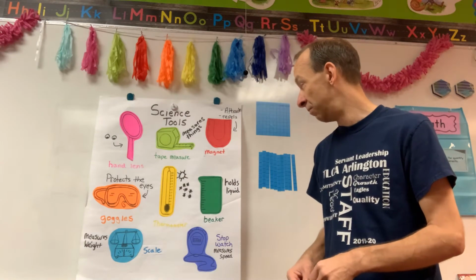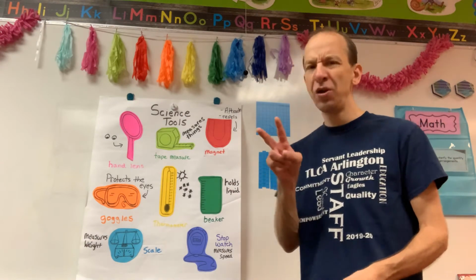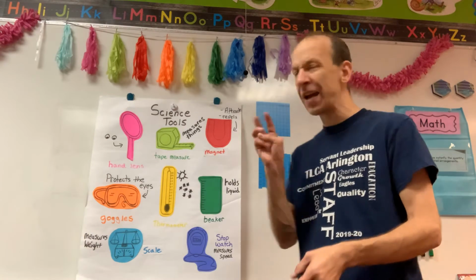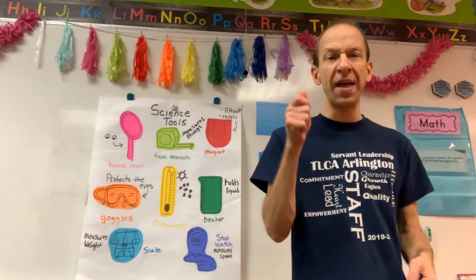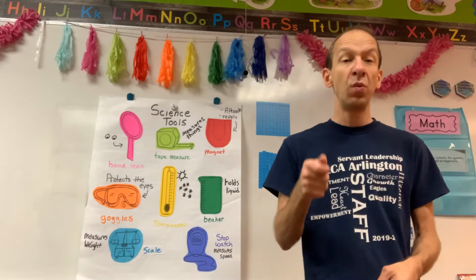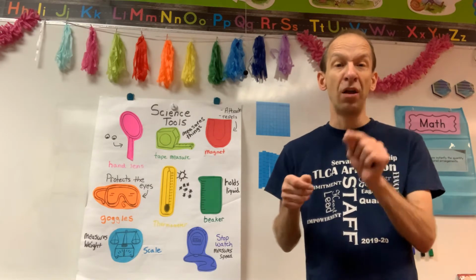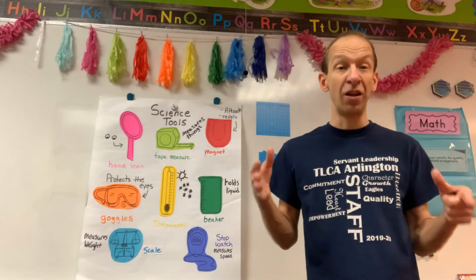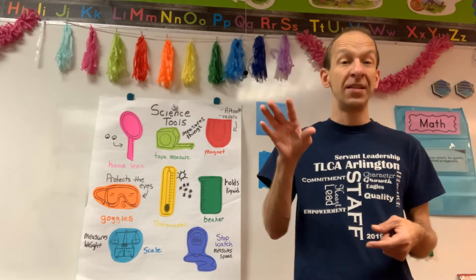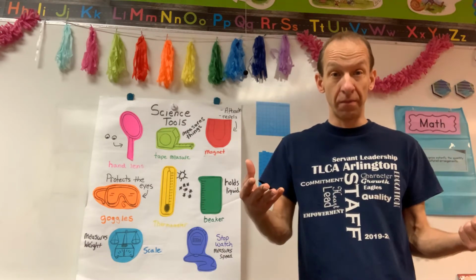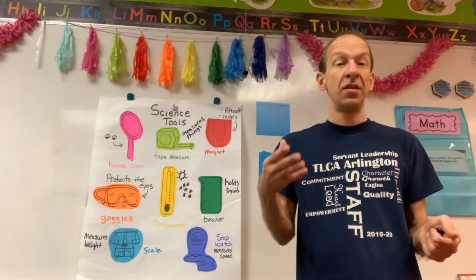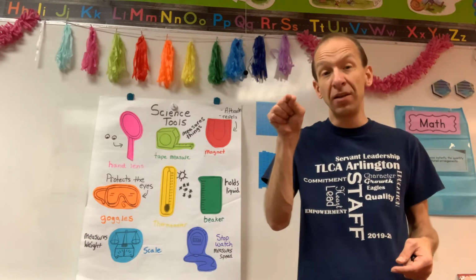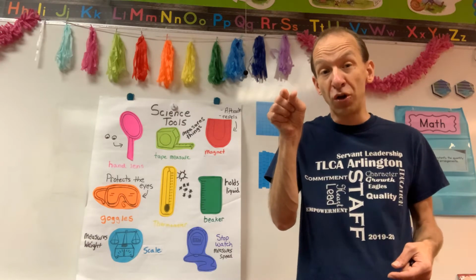All right, so the other three things that we need to talk about start with the hand lens. Remember, that helps us when we are looking at something small and we need to see it larger, see the details, see it bigger and sometimes more lifelike. So we might see a little piece of particle or sand or dirt.